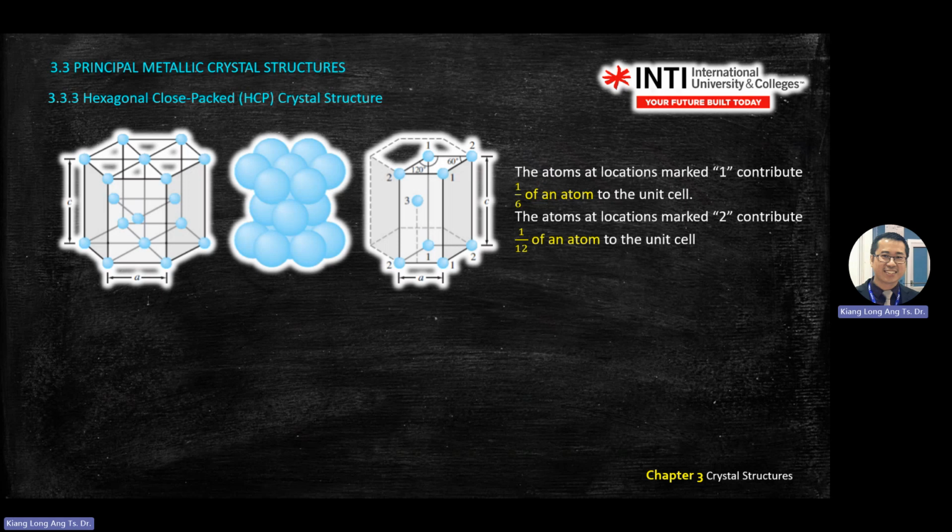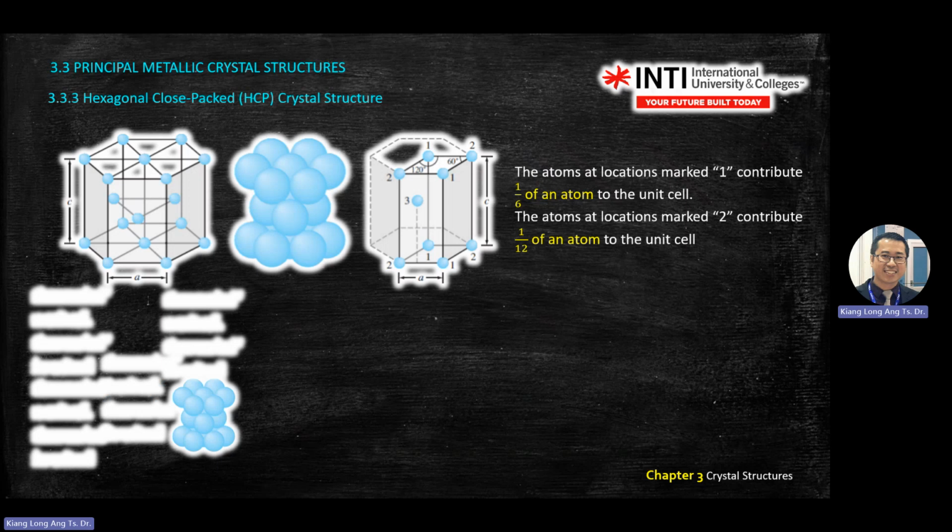So those that mark as 2 contribute 1/12 atom at the unit cell. So if you cut them, there's a top HCP and bottom HCP. One layer of this plane is already 6, then another layer bottom, you get 12, 1/12. So you have number 2 here, number 2, number 2.